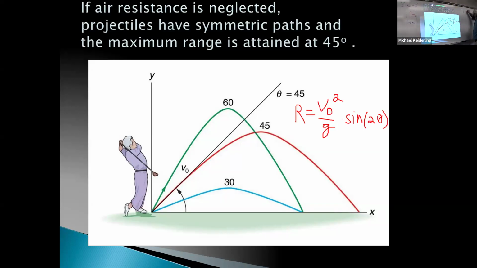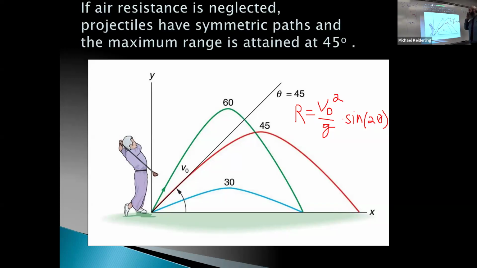Yeah. V initial squared over g times the sine of 2 times the angle. You're not going to actually need to use this formula. It's just an example. But because of that, this maxes out when the angle is 45 degrees, because sine is maximum at 90 degrees, and you're doing the sine of twice the angle.